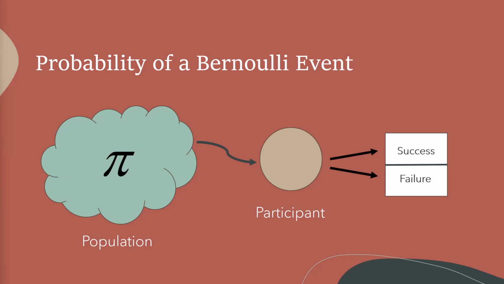This should ease your mind about keeping the probability of success constant, because that probability is based upon random selection from a population. It is not based upon every single member of the population having the same probability of success.